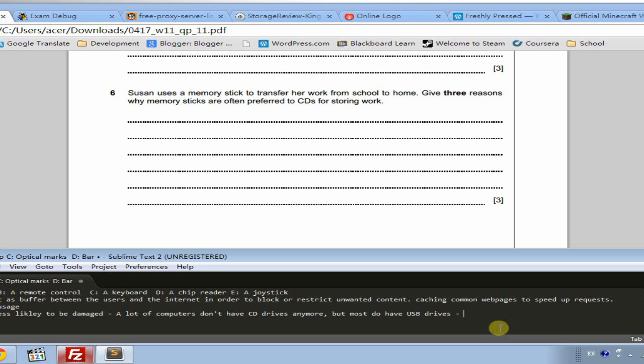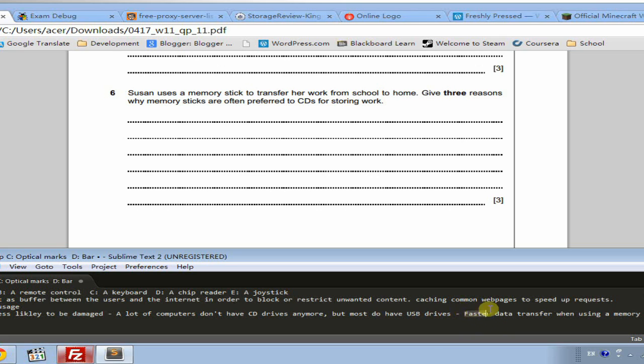The other thing is transferring to CDs takes considerably longer than transferring from a memory stick. So faster data transfer when using a memory stick. Okay, and again, be clear. Don't just say it's faster. Because if you're not specific enough, you're not going to get the points.